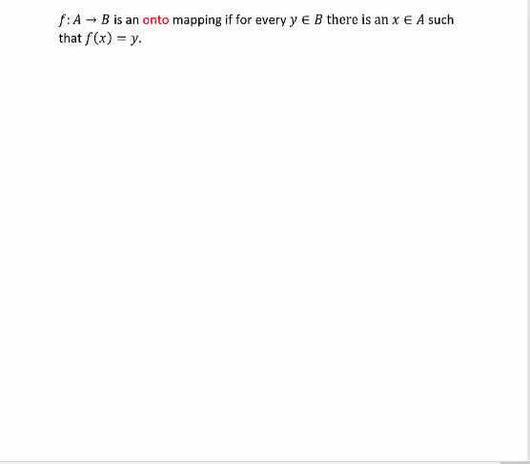Another property that a function may or may not have is being an onto mapping. If f is a mapping from A to B, it is onto if for every y in B there is an x in A such that f of x is equal to y. So let's draw a picture again.